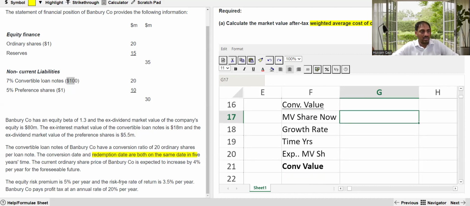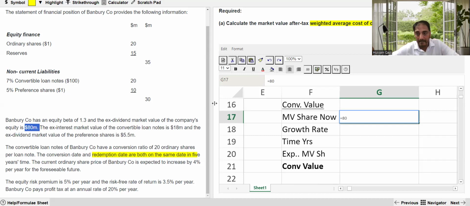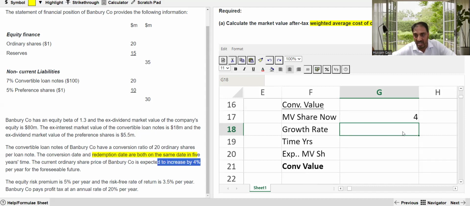The market value of a share now is equal to the total market value of 80 million divided by the number of shares, 20 million, which is $4. Then the growth rate is mentioned: expected to increase 4% for 5 years.